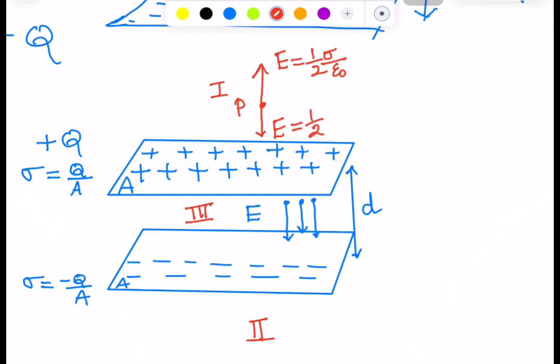The plus and minus give only the direction. Therefore the net electric field is 0 in the space represented by 1.